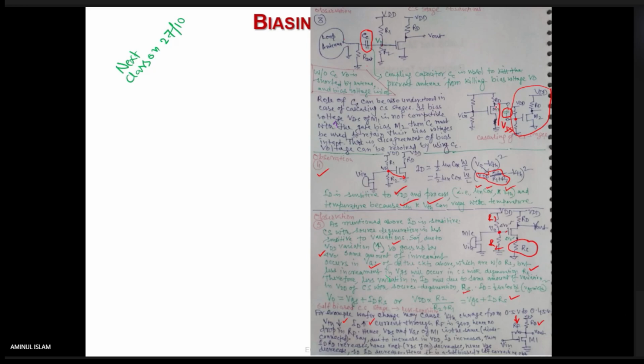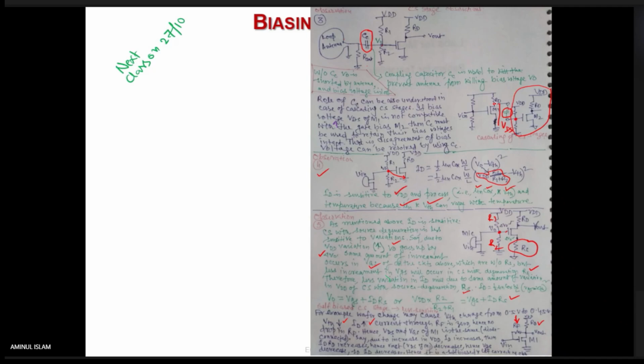So the bias voltage of the first one at the drain node or the output node may not be matching with the bias voltage of the gate of the second one, which is here at this point. This required voltage may be different from the bias voltage here.